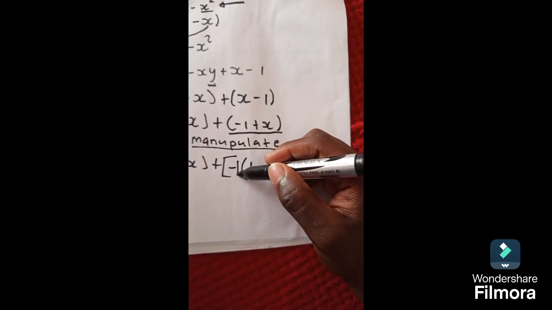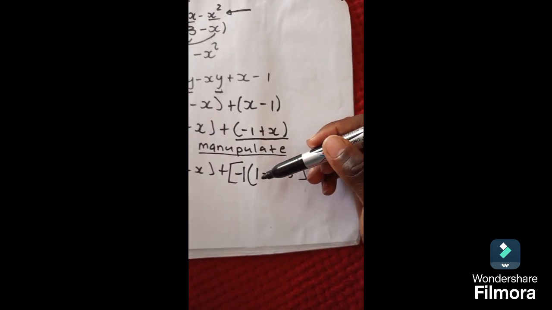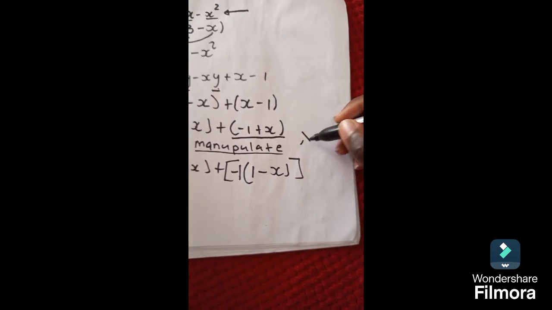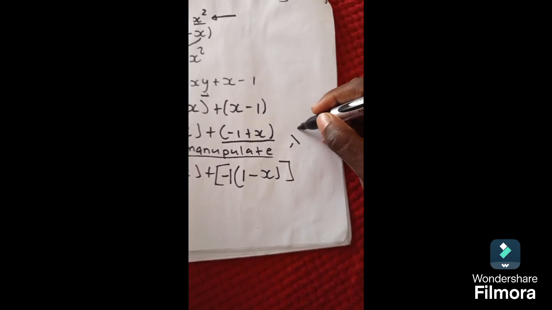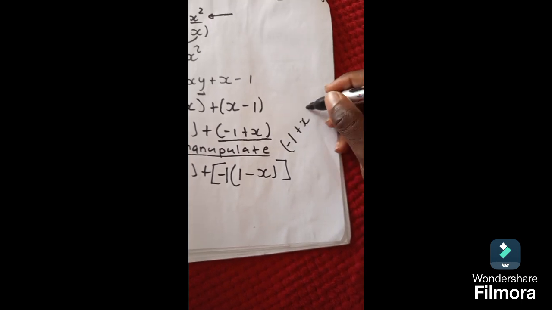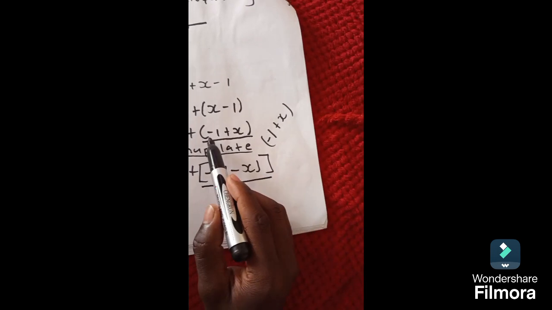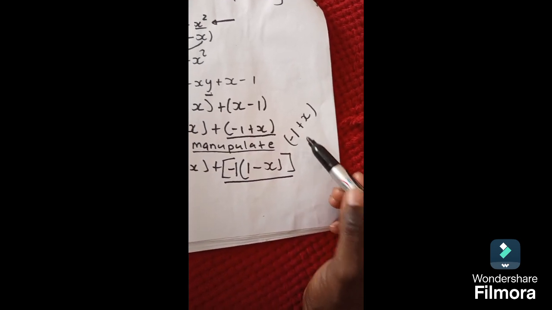But we don't actually write it. There is 1 here. If you were to say negative 1 times 1, you will get what? Negative 1. And then negative 1 times negative x, you are gonna get positive x. So this means that this thing here is the same as this, as I have shown, or rather proved here, right?